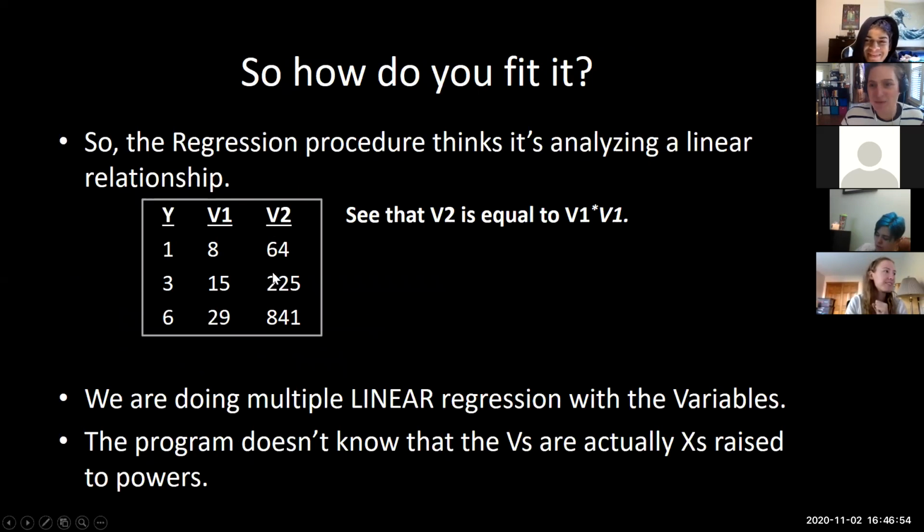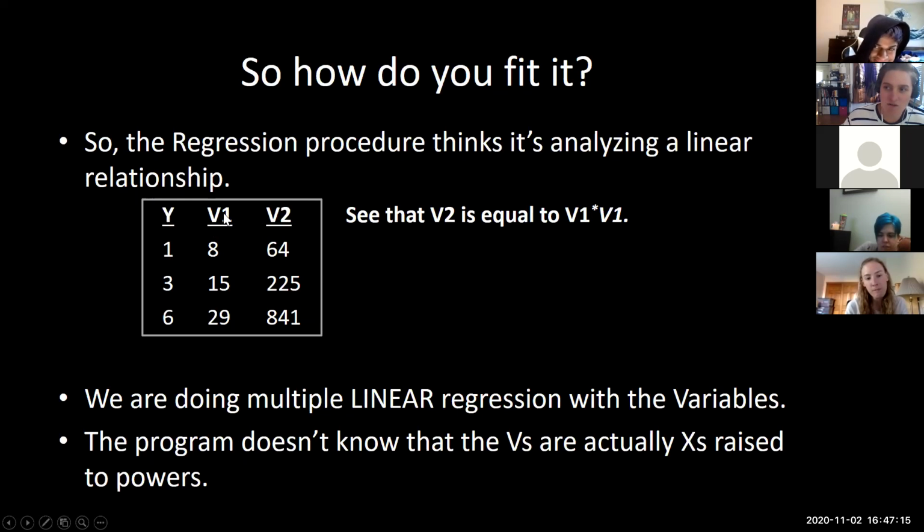Just to give you a peek into what the data looks like here, you have the regression procedure, which thinks it's analyzing a line, a linear relationship, but it's not because you're tricking it, because the data don't know where they come from, which is why you're the one with the ethics training, not the data.